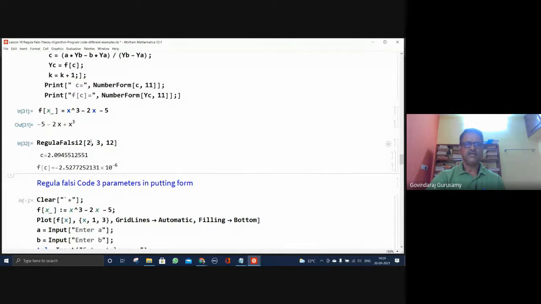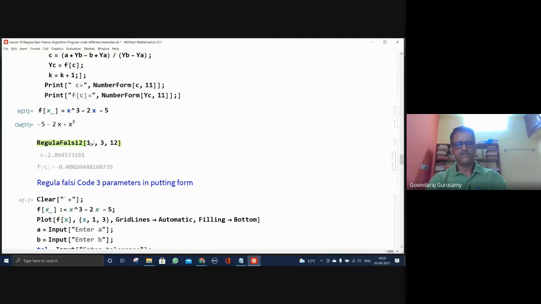So you can change the region now. You can go to the extent of, say, let me start from 0, and see what happens. Since we know where the root is lying, you try to give the closest possible. I'll make it 4.75.